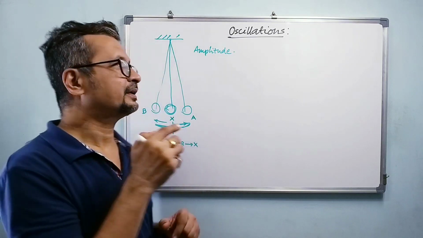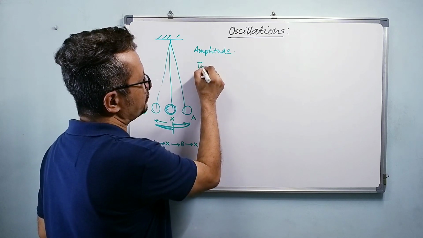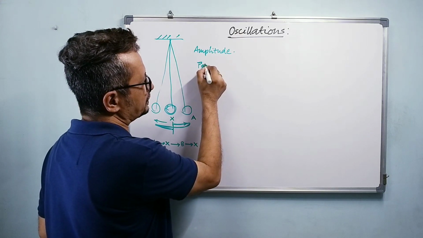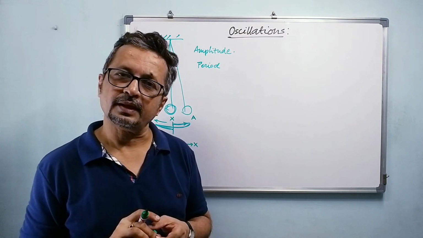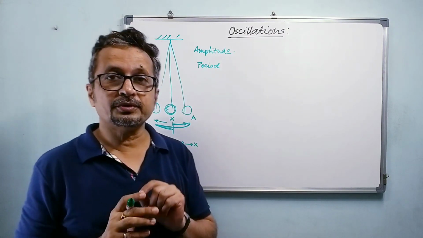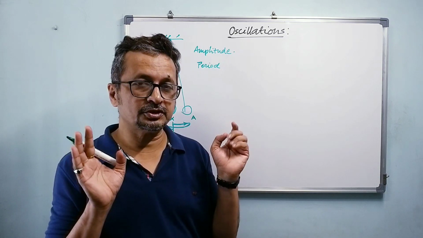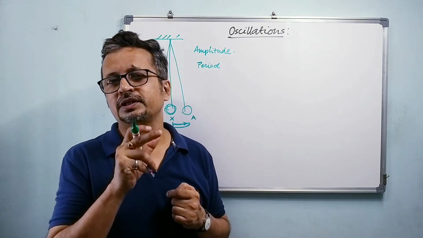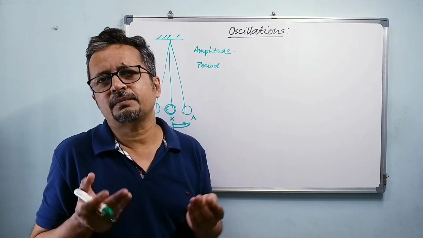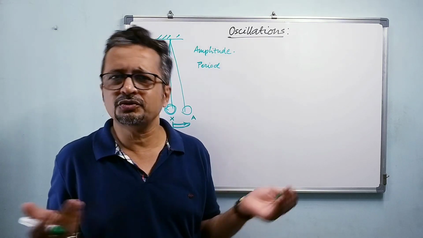And the time taken for that is called the period of oscillation. So amplitude is the maximum displacement from the mean position, and time period is the time taken for completing one oscillation. Then what is frequency? It is the number of oscillations in unit time.